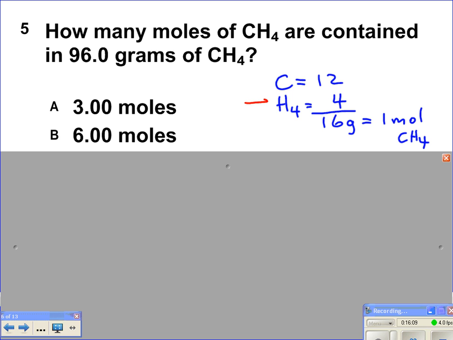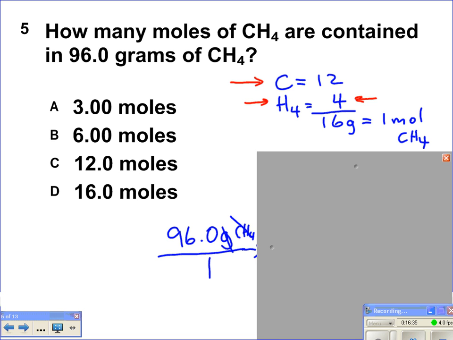Because 4 hydrogens at a mass of 1 each are going to be 4, and 1 carbon at a mass of 12 is, of course, equal to 12. So we add those up, and that's the molar mass of methane. Now we're going to have a problem that requires us to do a calculation, and the way we're going to run that is right here.